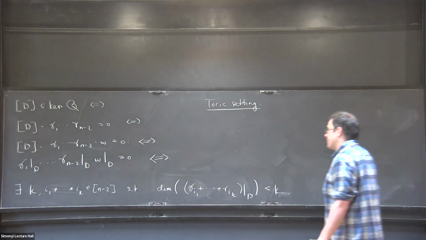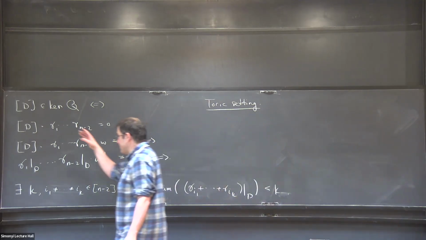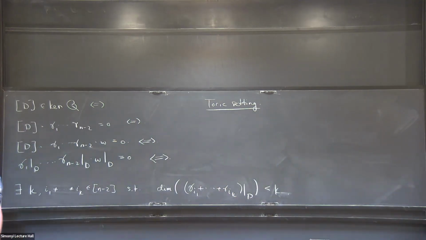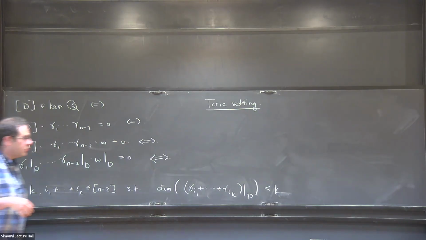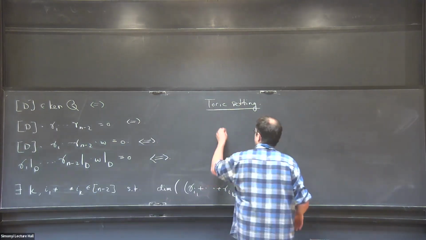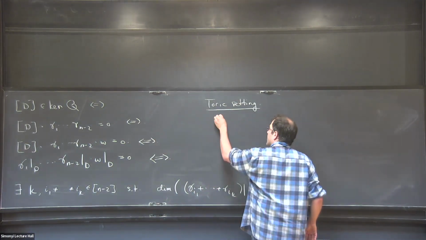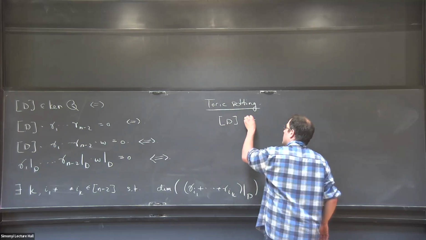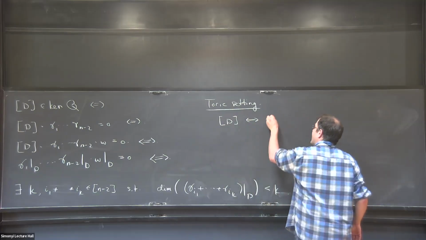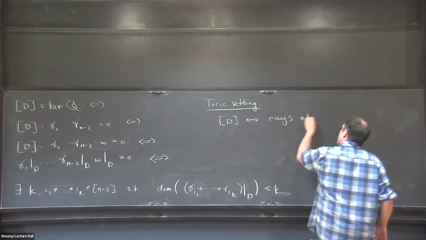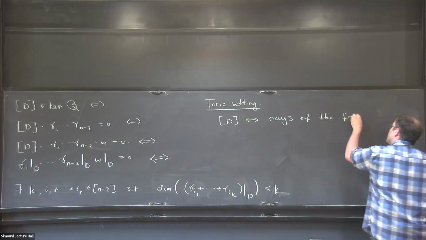In the toric setting, the Néron-Severi space is generated just by the torus invariant prime divisors, and these correspond to rays of the fan.